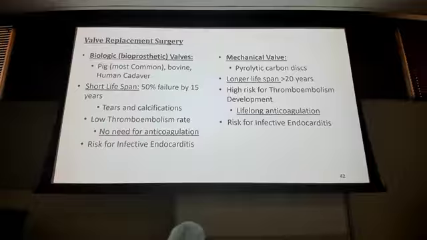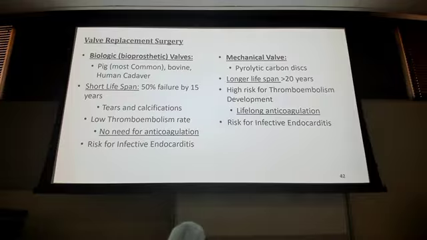The problem with a biologic is the lifespan of it is much less. You're only talking about 10, maybe 15 years that this valve will be good, and then they're going to have to replace it with something else because it's going to wear out, okay?